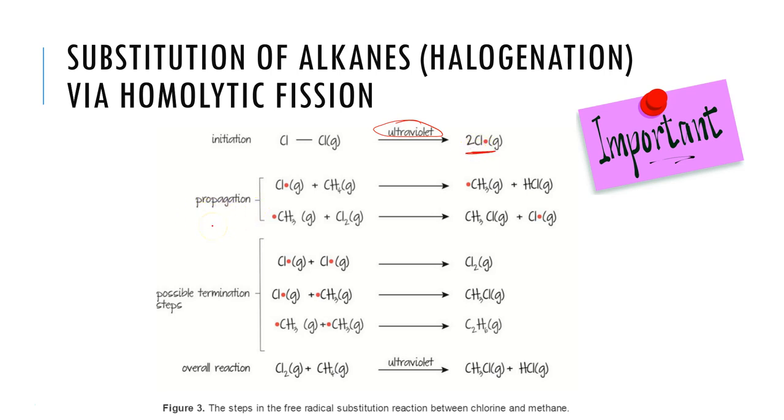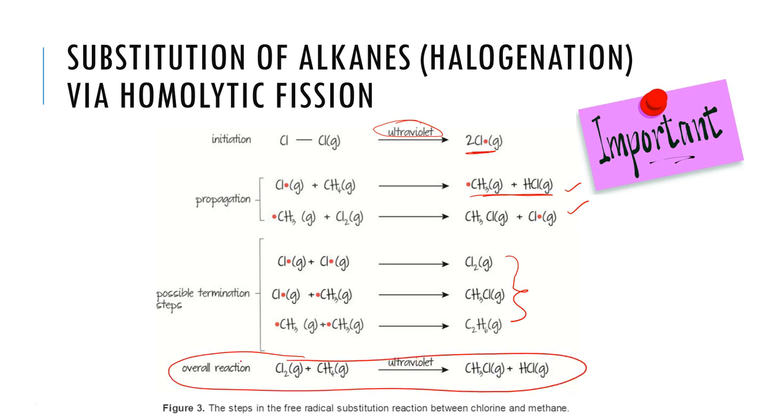For propagation steps, there are a number possible. Forming the alkyl radical and HCl, and the chlorinated alkane and a Cl radical are the 2 common ones, so I would recommend memorizing these. Then you have any number of these 3 termination steps. But the overall reaction is also our Cl2 with the alkane giving our chloroalkane.